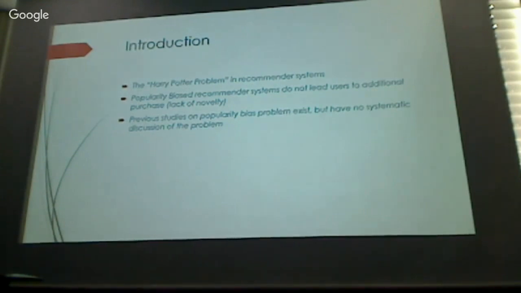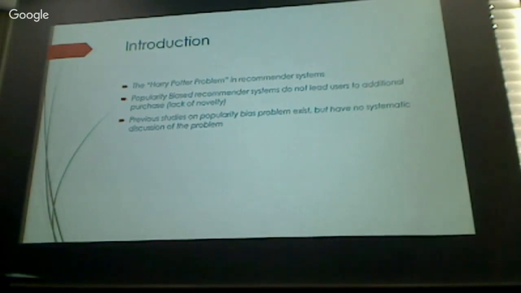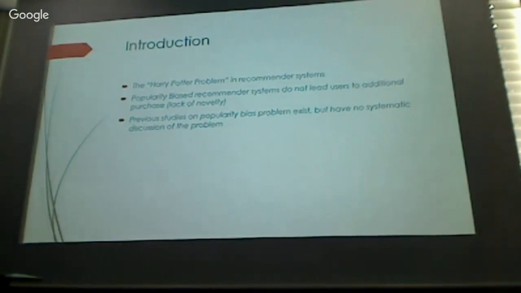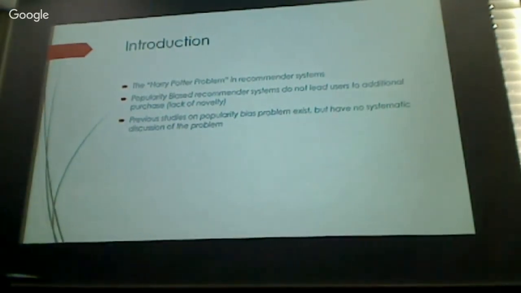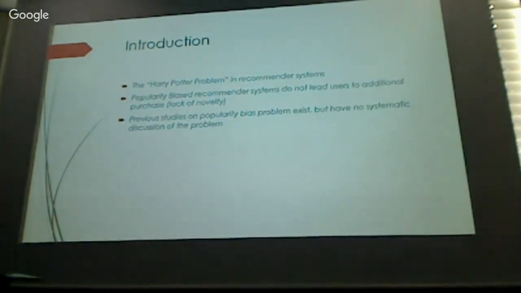For example, the Harry Potter book is one of the most famous books out there. So every time a user is browsing other books, the Harry Potter book is always recommended by the system, no matter what type of books they're looking for. So recommended items are biased towards popular and well-known items.